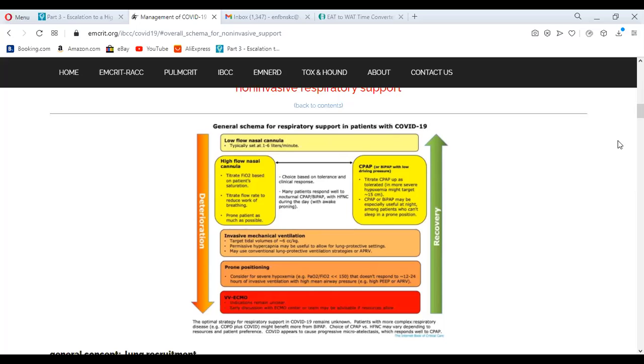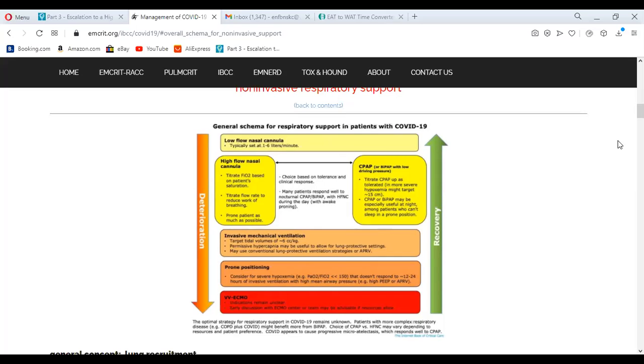Most of our initial equipment usually give 100% oxygen, and if you are using an oxygen concentrator, we know that it gives as high as 95 to 98%. And when you are using this and it's not working, then that's the time that you should escalate to non-invasive ventilatory therapy, which includes the CPAP and BiPAP.